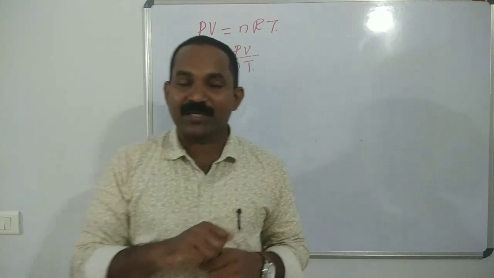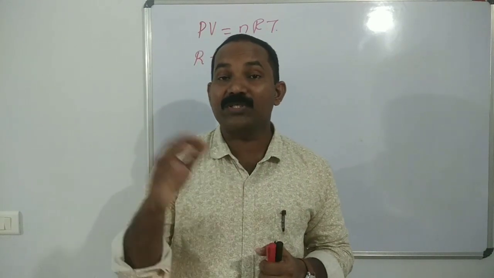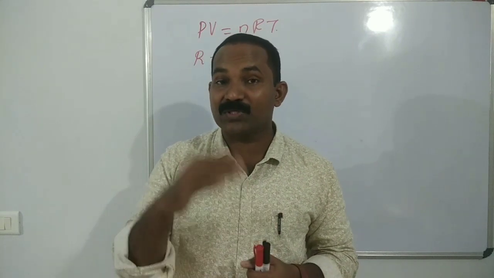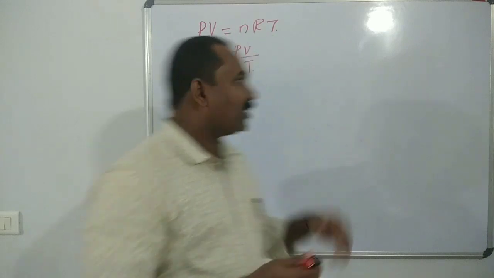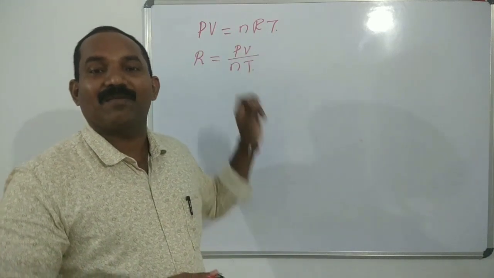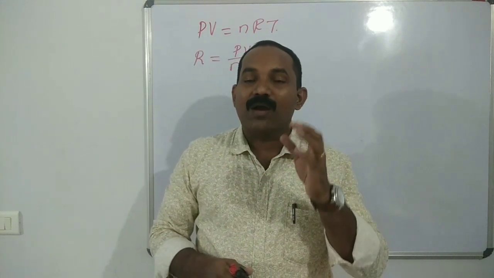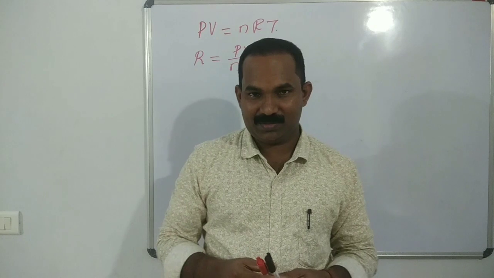By rearranging, it is force into length, or force into displacement. Force into displacement is work done. And in the denominator, we have number of moles and temperature in Kelvin. So R represents work done per Kelvin per mole.